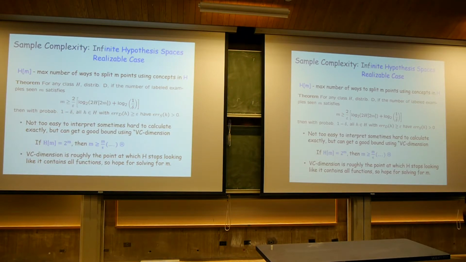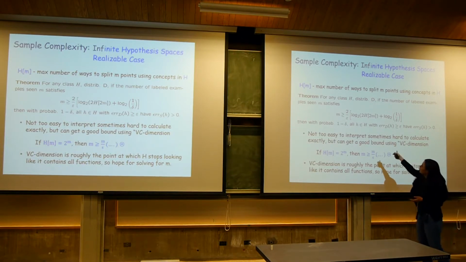So if my class is large enough that it's able to label, say, 2m points in all possible ways, then the size of H of m will be like 2 to the m, or H of 2m will be 2 to the 2m. So in that case, if for a sample of size m, H is large enough so that it can label a set of points of size 2m in all possible ways, then if I plug in this quantity here, what do I get?